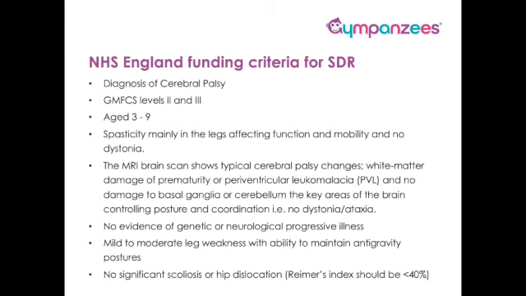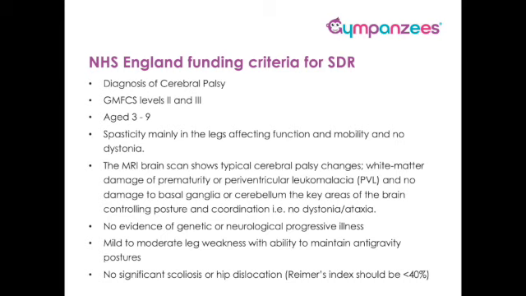There must be only mild to moderate leg weakness with the ability to maintain anti-gravity postures. So one of the things that happens at an SDR assessment is a really detailed look at your child's underlying strength, because when you have an SDR and that spasticity is taken away, they need to have enough strength to be able to build upon.